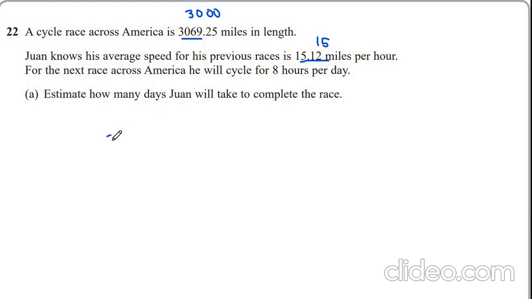Then the number of hours that he will take will be 3,000 divided by 15. That's 200 hours. So he needs 200 hours.